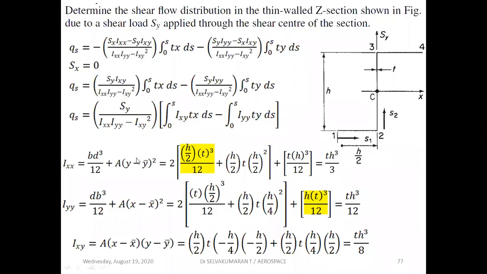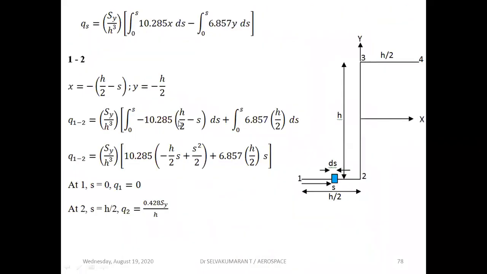We know the Ixx value, Iyy value and Ixy value. Substitute them in this expression. After substituting, we get Sy by h cubed times the integral from 0 to s of 10.285x ds minus the integral from 0 to s of 6.857y ds.